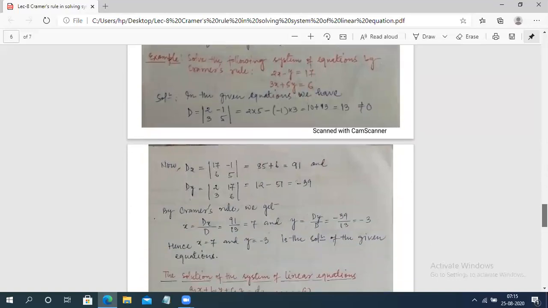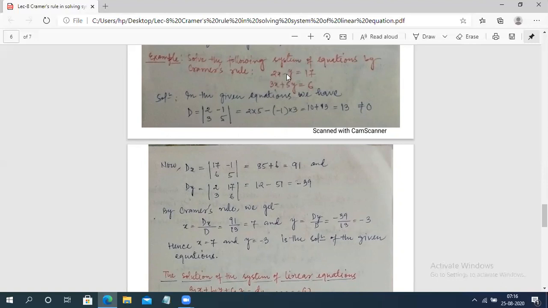Okay, now let us take an example. Suppose this equation is given. Solve this system by Cramer's rule: 2x minus y equal to 17, 3x plus 5y equal to 6. So first we have to find the value of D, so we write the coefficients of x and y.